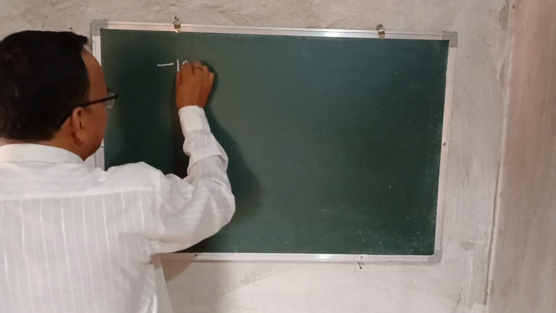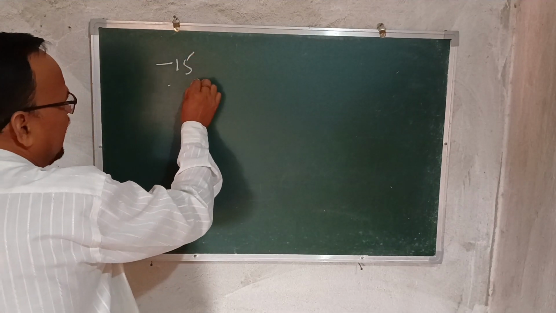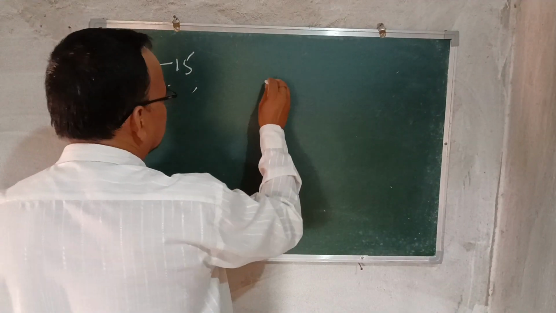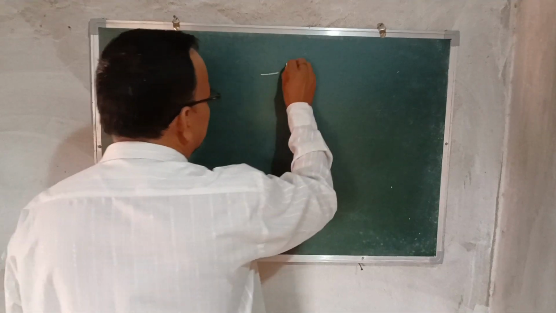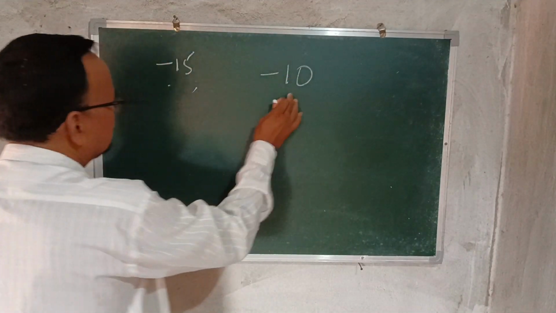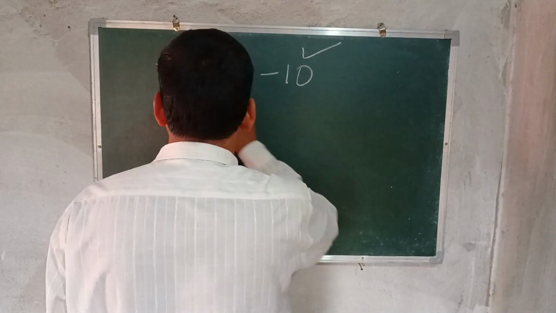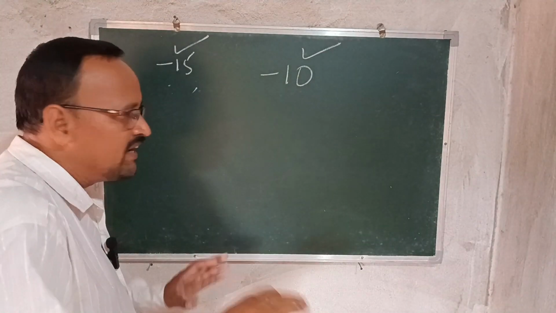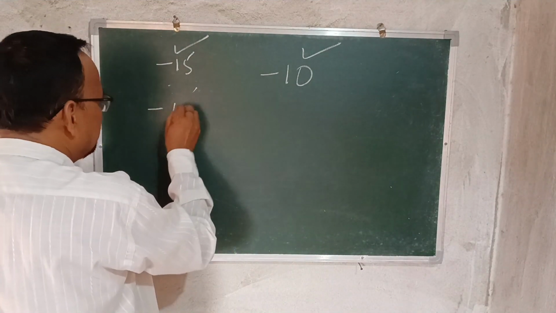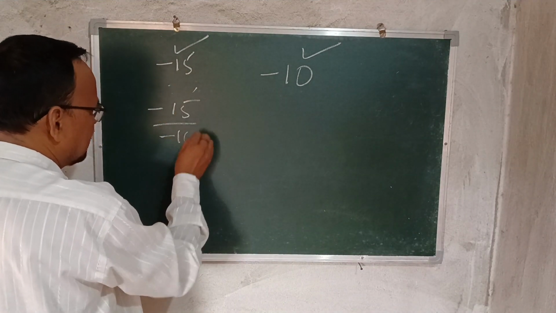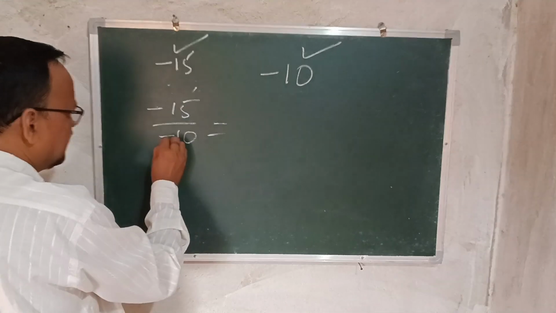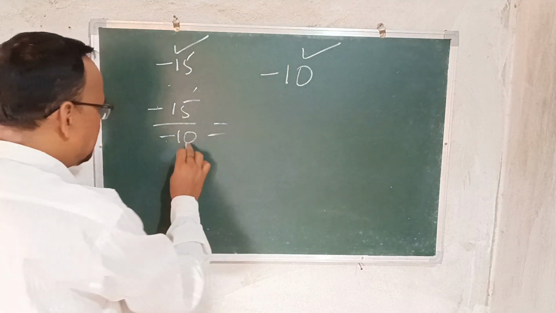Suppose minus 15 is an integer and minus 10 is another integer. When we divide minus 15 divided by minus 10, minus minus is plus, so it equals 15 divided by 10.